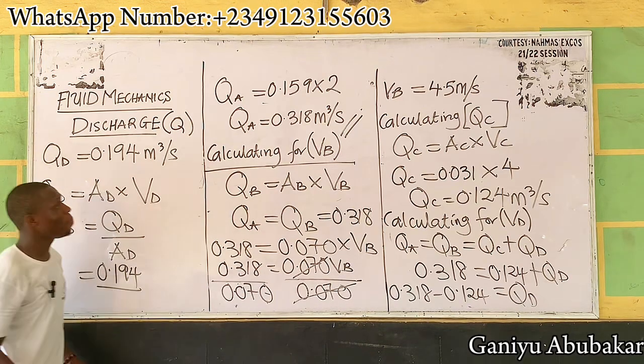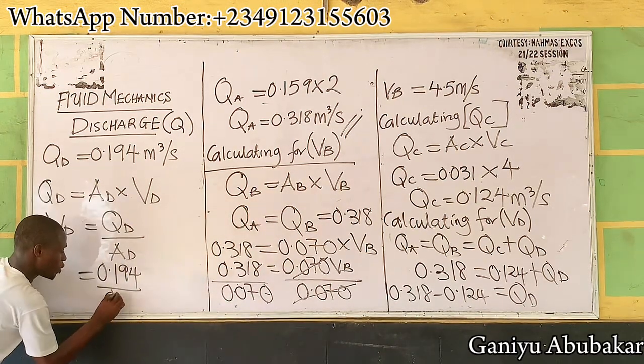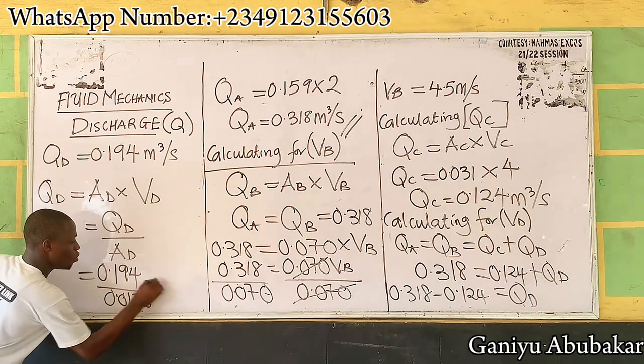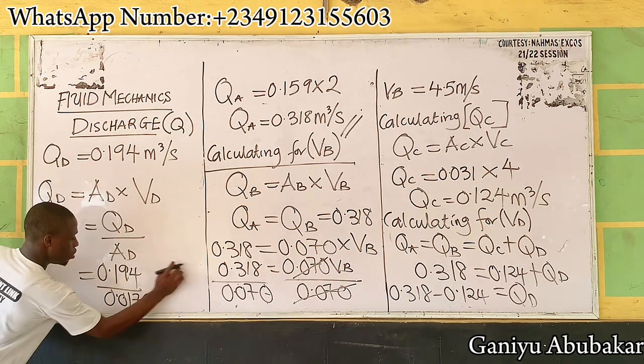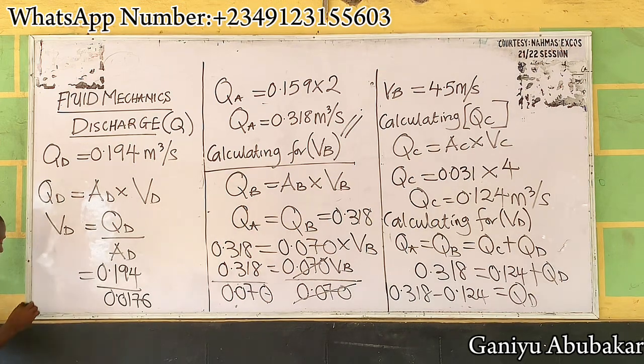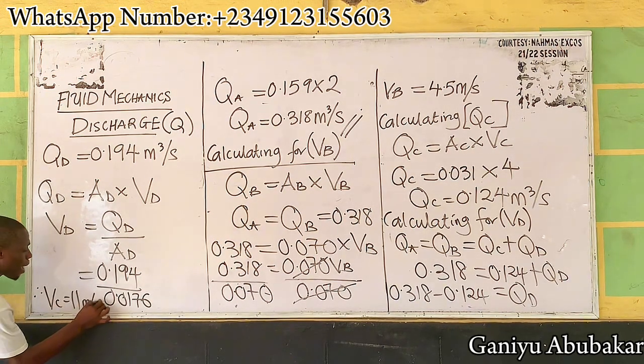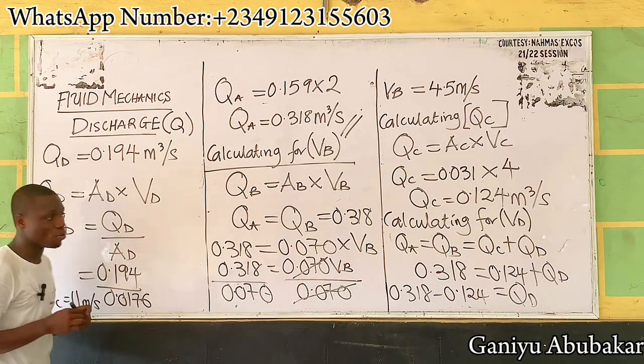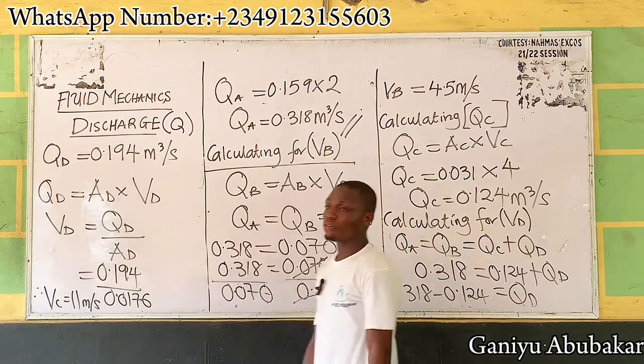Check your book: 0.0176. What's my answer? Approximately 11 meters per second, velocity. I'm done. That's all.